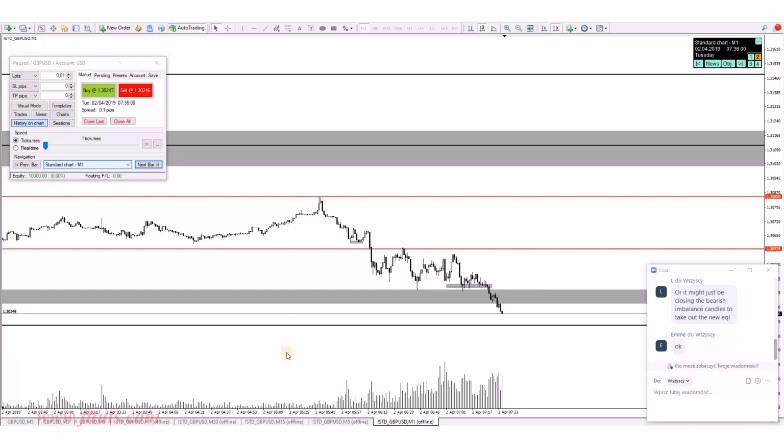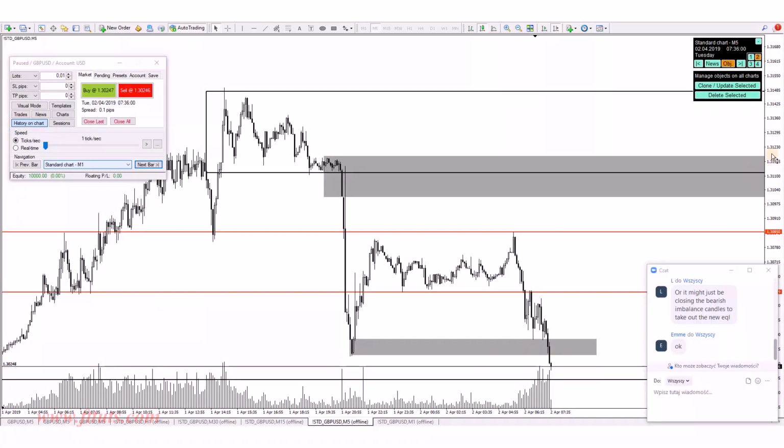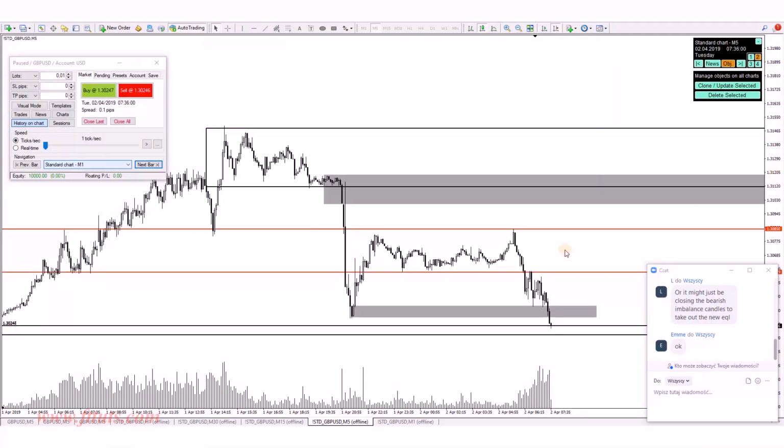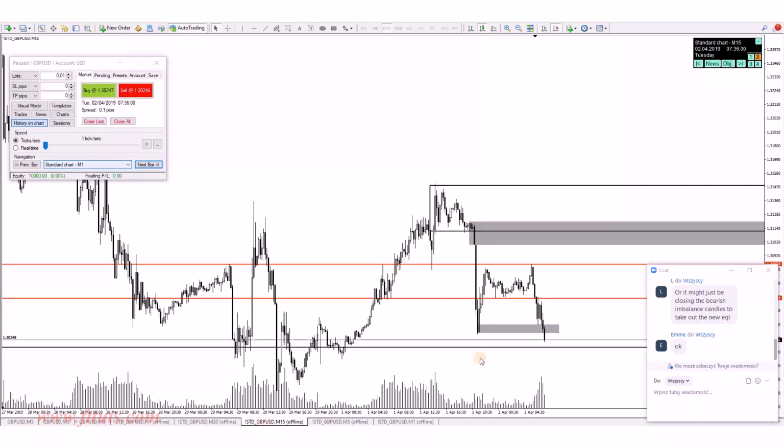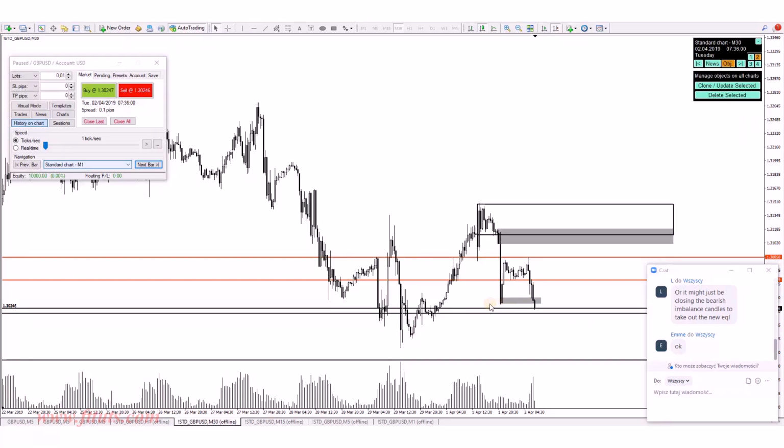Still increasing volume. This is crazy. Did I miss something here? I'm just looking, guys, if there's something else, because this price is going too strong down.